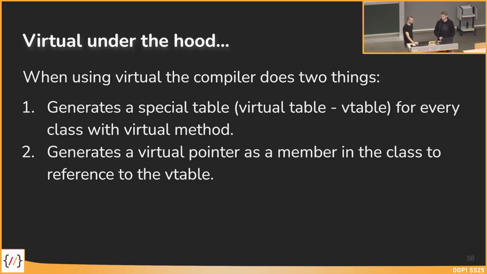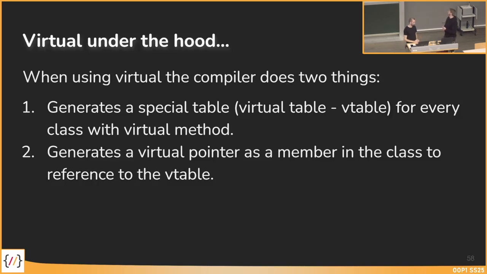How does virtual work under the hood? We will discuss that next time in more detail, and it has a lot of advantages. In the background, a so-called virtual table or V-table is created for every class with virtual methods, and in this table there is always a pointer to the correct function.